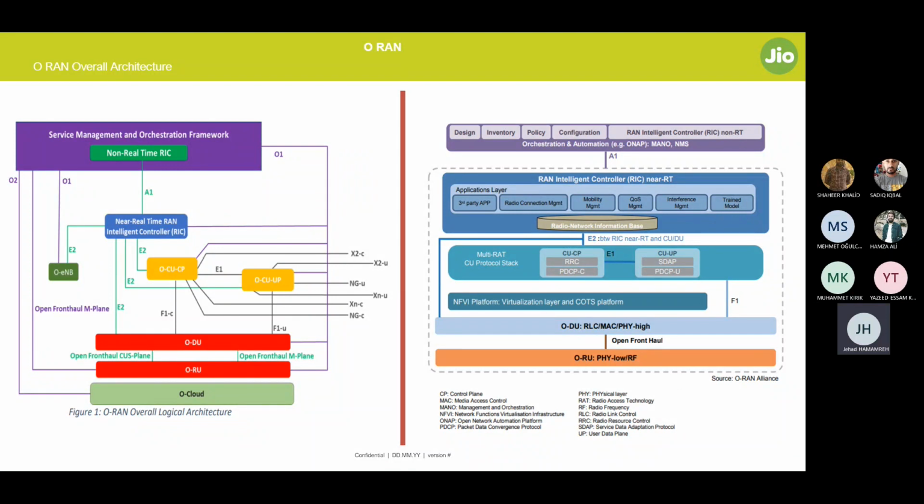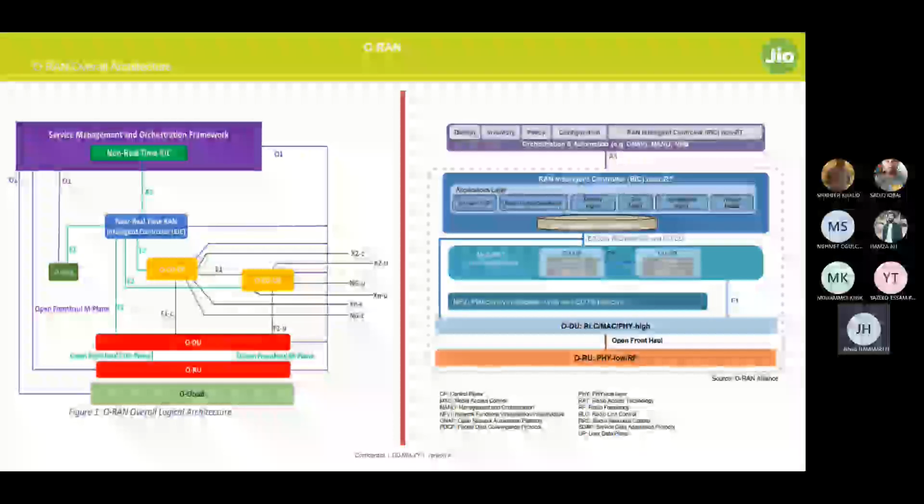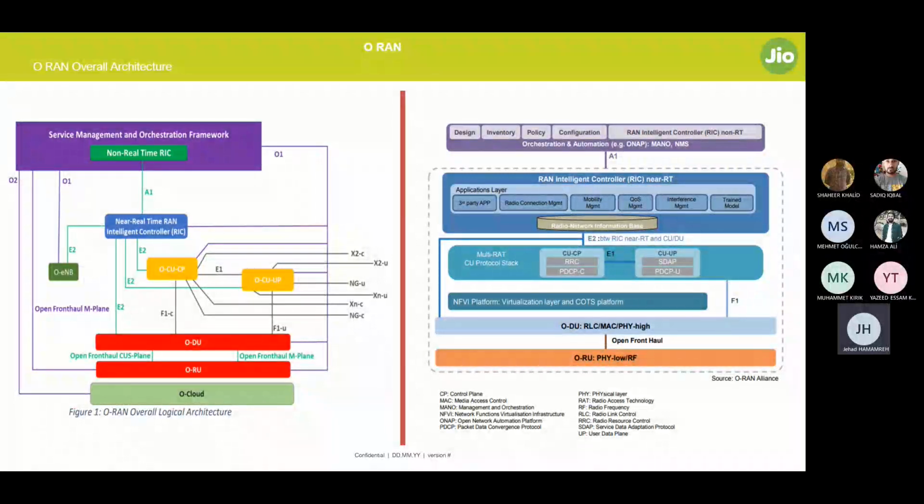You can think of this as the application layer, and it contains third-party applications, radio connection management, mobility management, quality of service management, interference management, the trained model. All these management and mobility things are happening in the RIC, RAN Intelligent Controller. You can think of it as the brain of the Open RAN system.